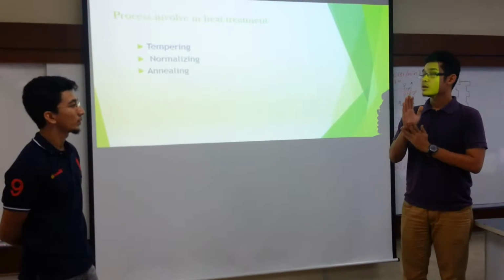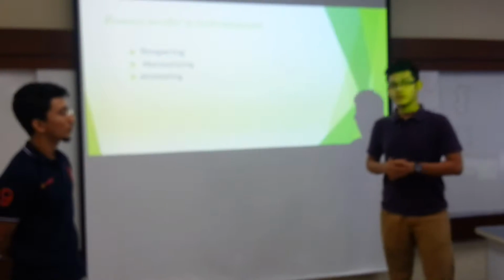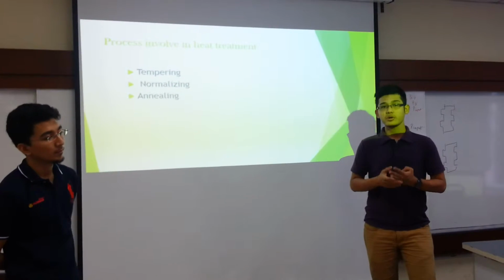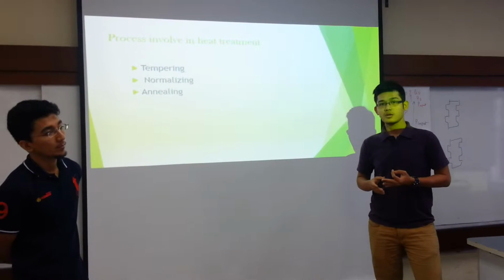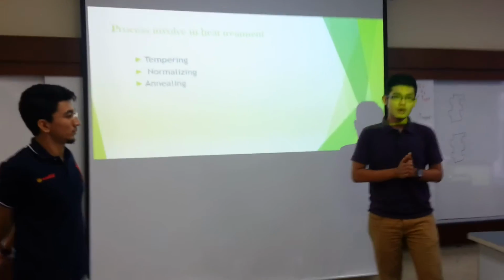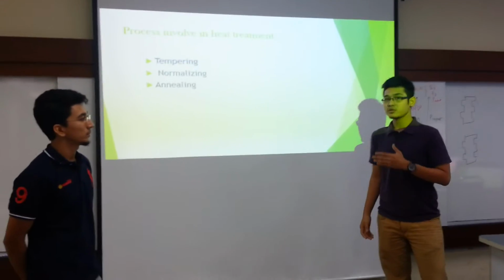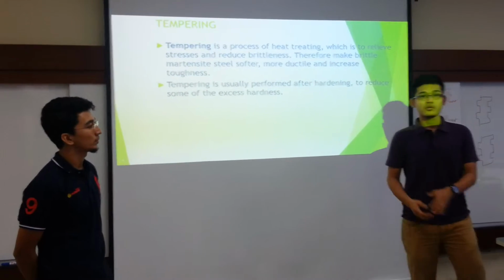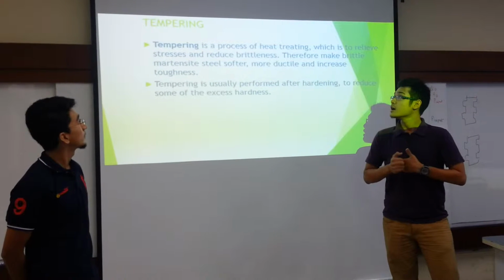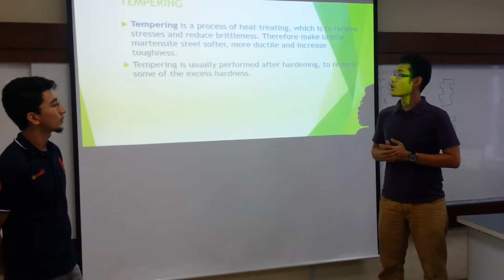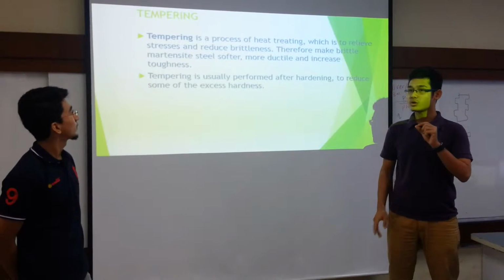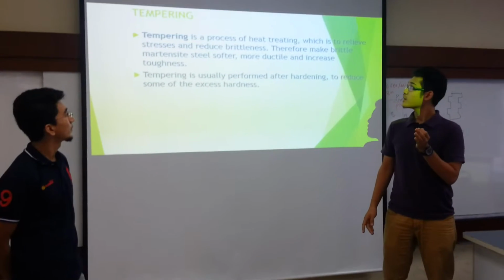The processes involved in the heat treatment of steel, there are three processes, which are tempering, normalizing, and also annealing. So I would like to describe briefly to you about the tempering. Tempering is a process of heat treating to release the stress and also to reduce the brittleness.